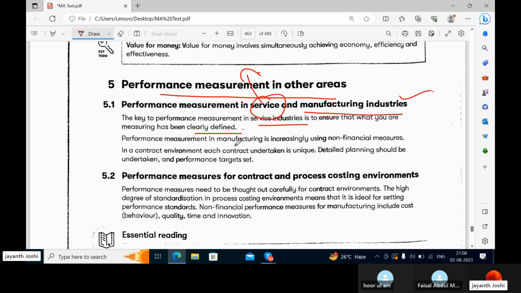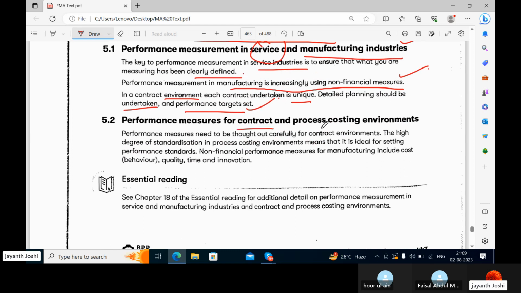Performance measurement in manufacturing is increasingly using non-financial measures. Companies in the manufacturing sector are now giving a lot of importance to non-financial measures like quality, compliance, customer satisfaction, etc. In a contract environment, each contract undertaken is unique. Detailed planning should be undertaken, and performance targets should be set.